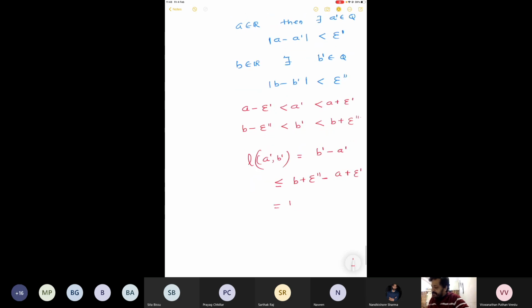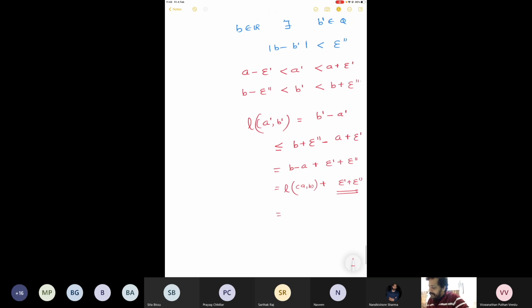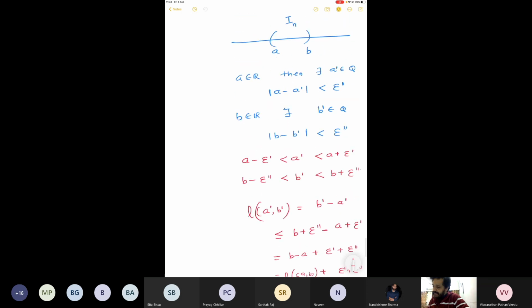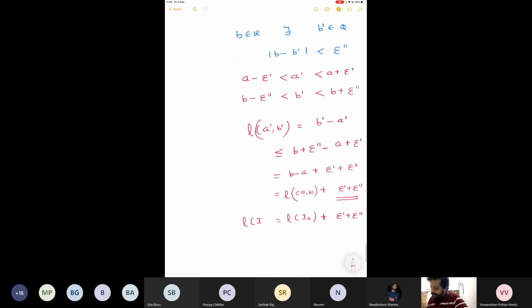So this is equal to b minus a plus epsilon dash plus epsilon double dash, and this is the length of interval (a, b) plus epsilon dash plus epsilon double dash. For any predetermined epsilon dash and epsilon double dash, I can do this. So this is my I_n, the length of I_n plus epsilon dash plus epsilon double dash. So this is how I did it, the length of I_n dash.